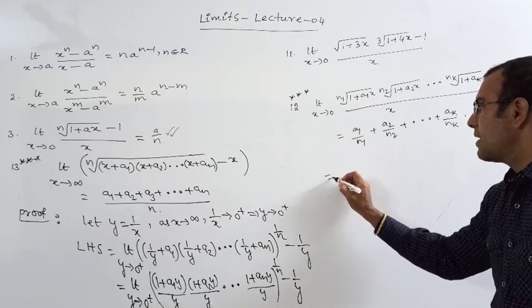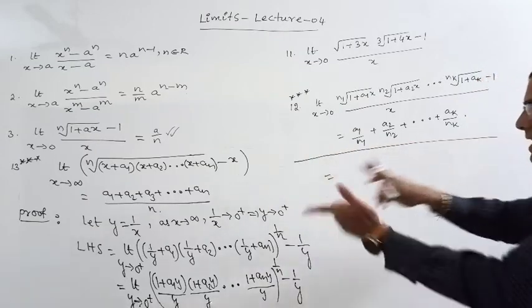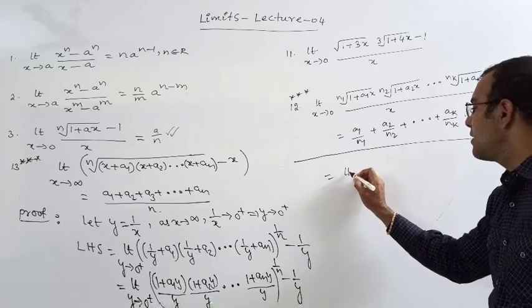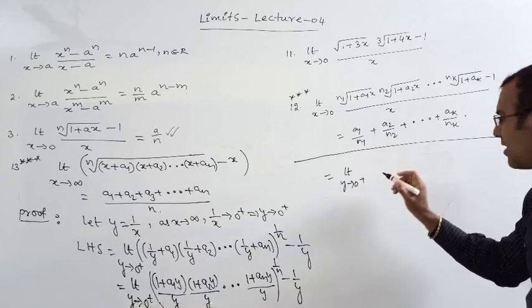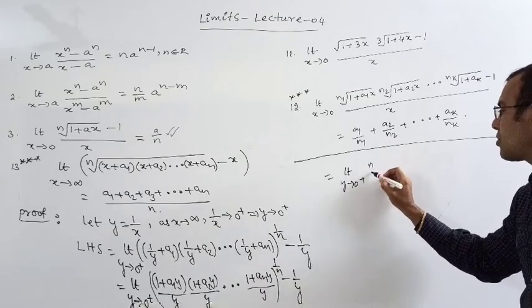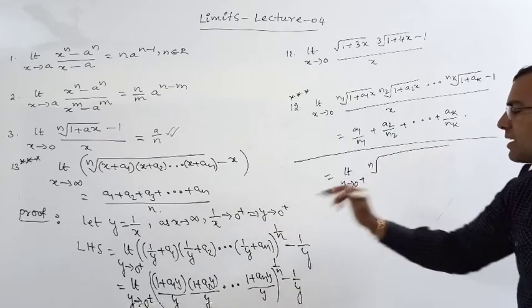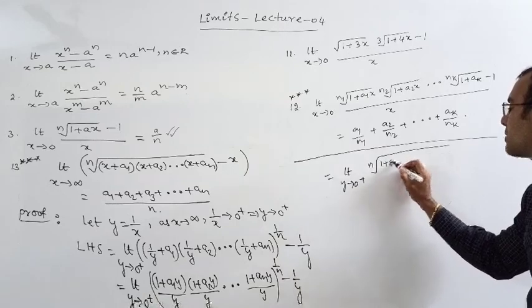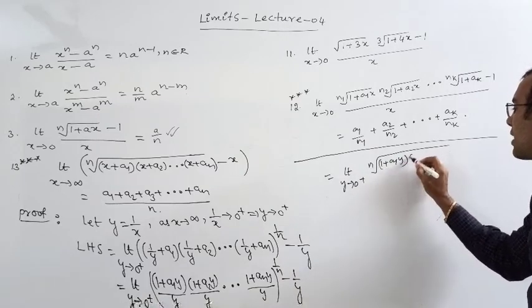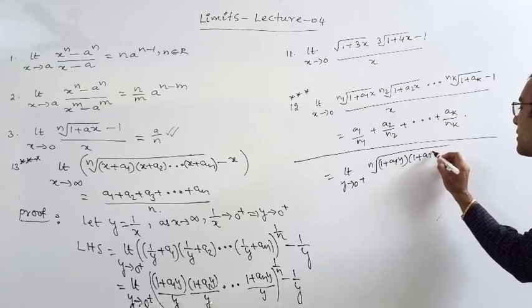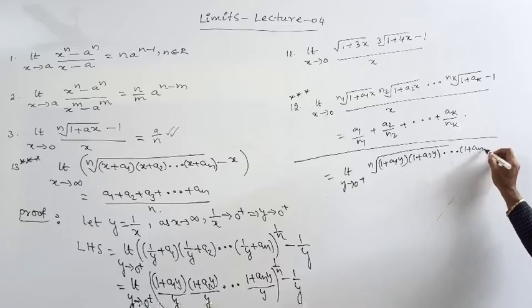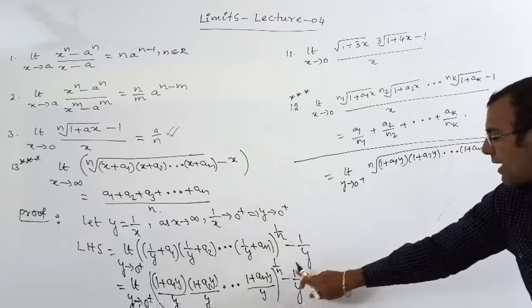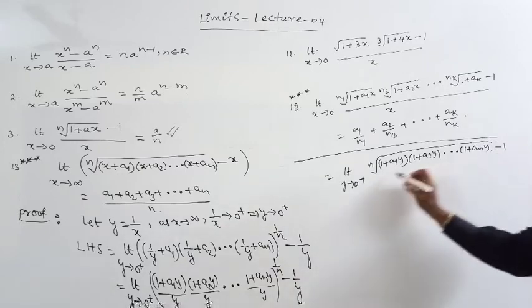Limit y tends to 0 plus, nth root of 1 plus a1y, 1 plus a2y, and so on, 1 plus any, minus 1, whole by y.